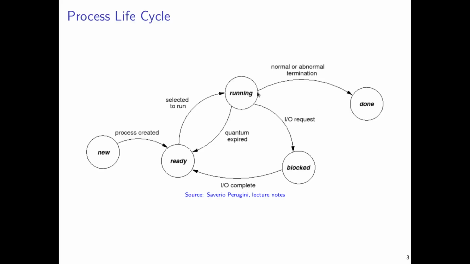Or alternatively, the process could make some requests, such as an I/O request, which will require the operating system to do things on its behalf and perhaps interact with hardware that will take some time. The process needs whatever information is coming in from I/O to proceed, so it will remain in this blocked state.